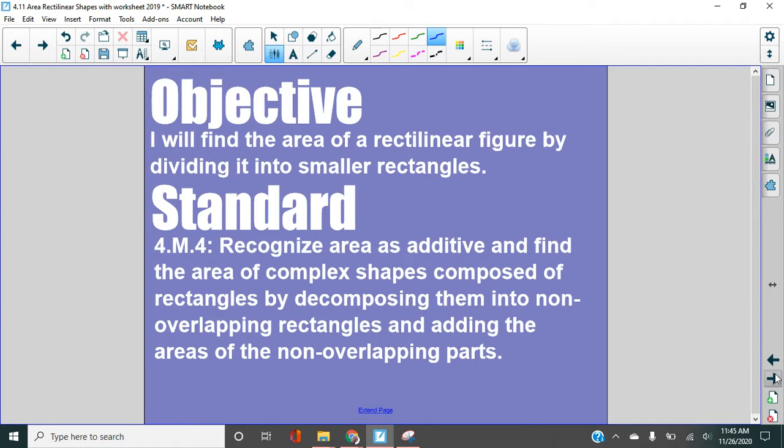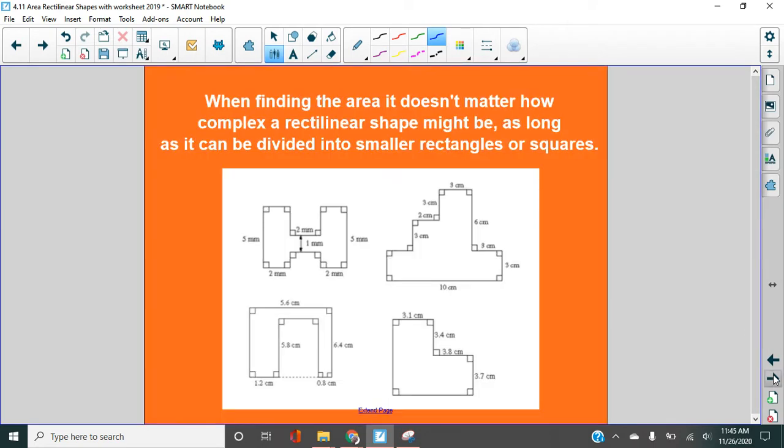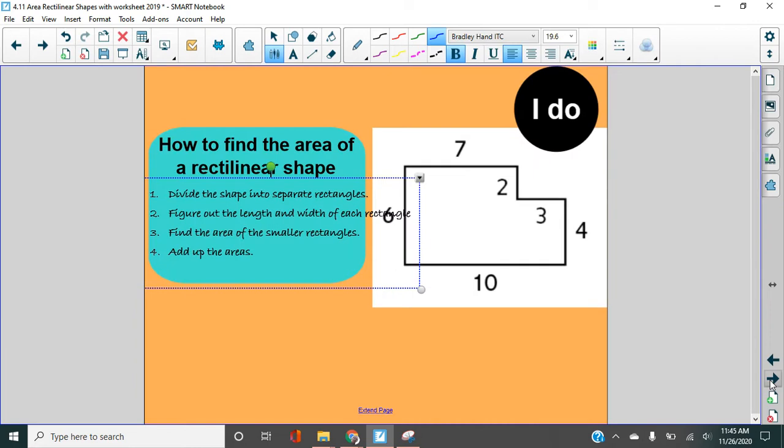Okay, and that is what we are going to do, right? We're going to take shapes that are composed of rectangles, and we're going to find the area of each part of this shape. So, right, we could do this with any shape. Look at all these weird shapes. Okay, we can always divide them into rectangles.